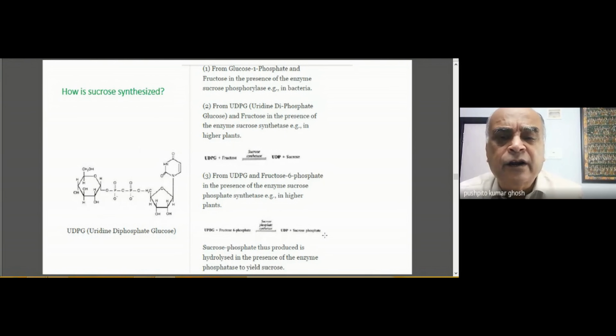Earlier, ethanol was from molasses. Molasses is what? Molasses is leftover sucrose plus some glucose and fructose, plus some salts, etc. And from that you ferment and you make ethanol. Or today you can directly take sugarcane juice. Sugarcane juice is primarily sucrose, and you can ferment it and make ethanol.